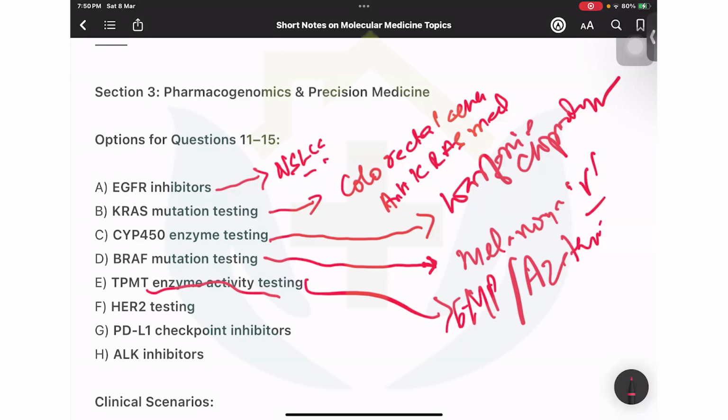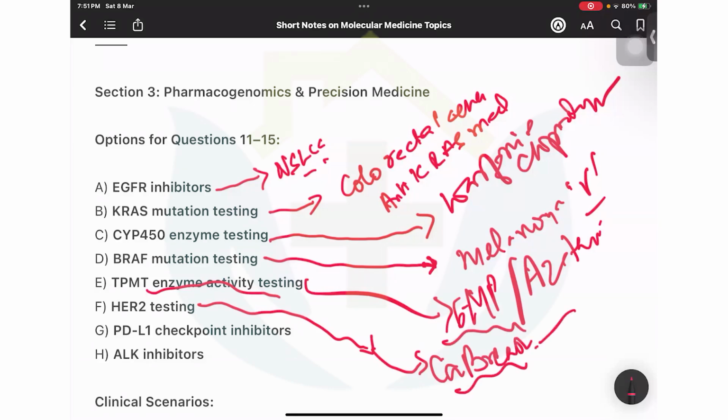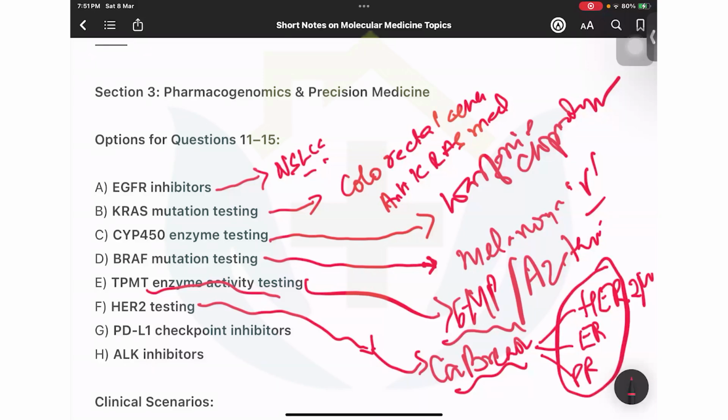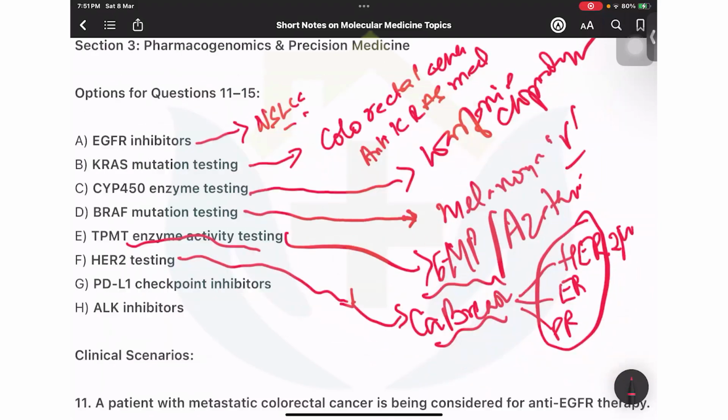Yes. HER2 testing? Breast cancer. Trastuzumab. So which three receptors are tested in breast cancer? ER, PR and HER2 neu. So if all these three are negative, then what is the cancer known as?